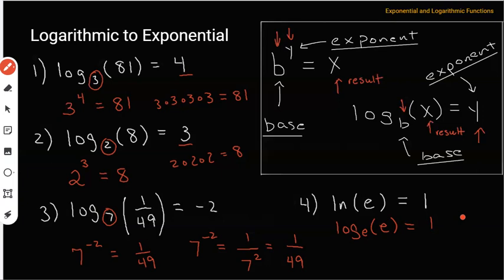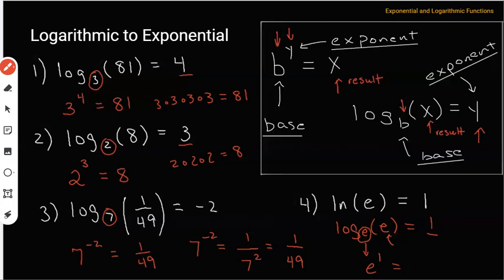So now what I can do is I can make this into an exponential expression. So what's my base? I always start off with the base, right? That's going to be e. My exponent over here is a 1. I'm going to put that on top of the e. And then on the other side of the equal sign, I'm going to have whatever my result is.